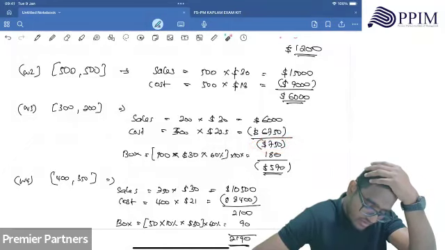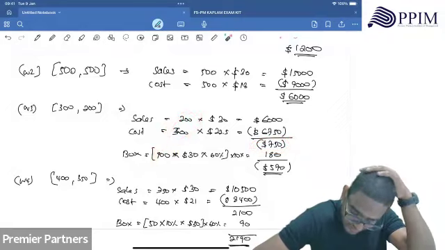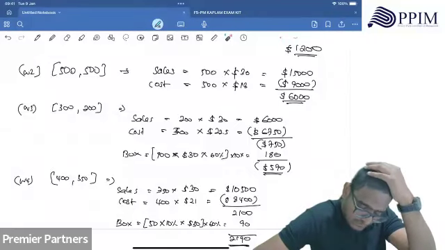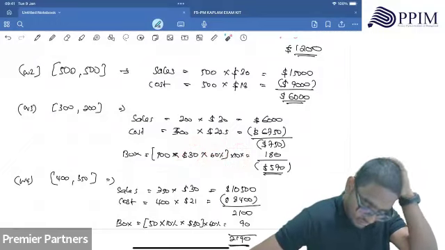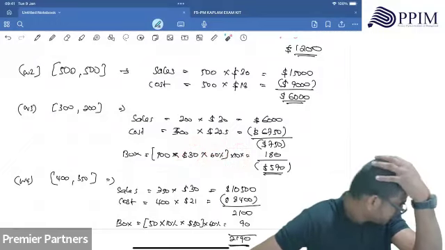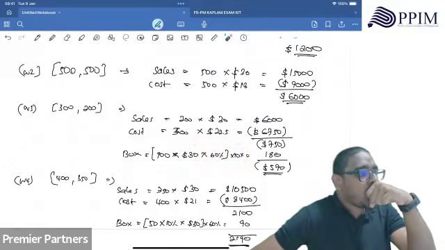However, from the 100 tickets, that is the difference between what you sold and what you bought, you can return back to the box office. From the 100 tickets back, only 10% will be sold. Each will be sold at 30. And whatever revenue they generate from it, 60% will be given to you. Okay.